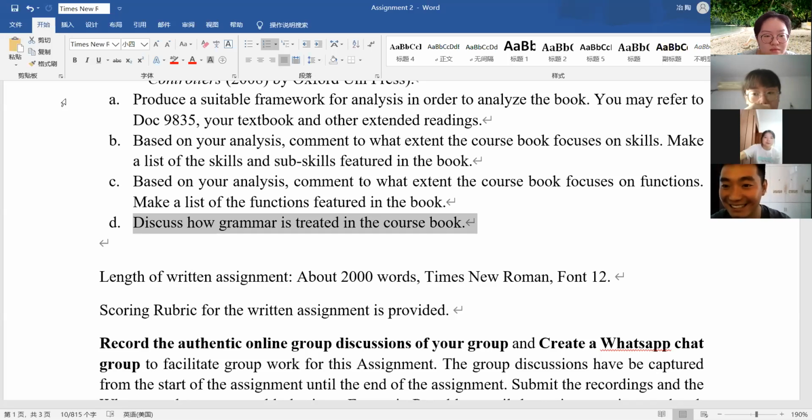Okay, thank you. I think if it is a textbook, it's not very obvious for us to find evidence for the final function, because based on my understanding and my work on skills, I cannot find evidence for some sub skills too. So I think maybe we should try to find some other skills and other functions in this course book.